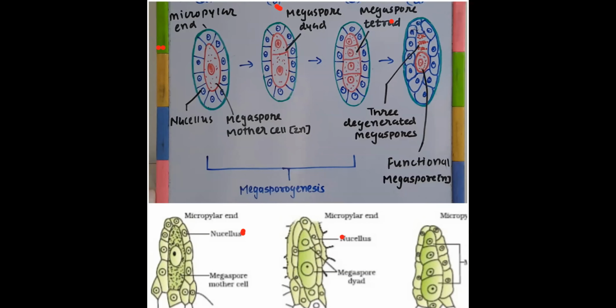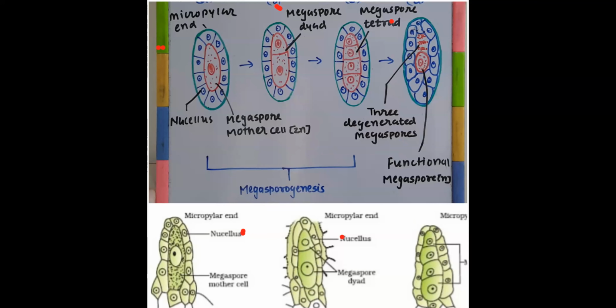First of all, remember that the female reproductive part in a flower is called the ovary. Inside the ovary, the ovule is present. The equivalent term for that ovule is the megasporangium. Inside that megasporangium, the embryo sac or female gametophyte structure is formed.